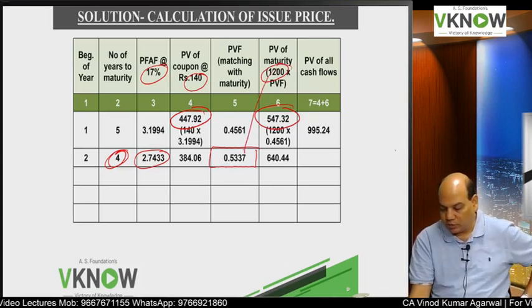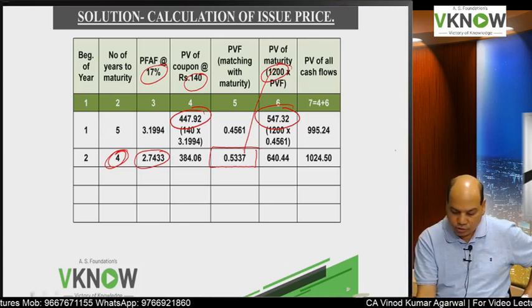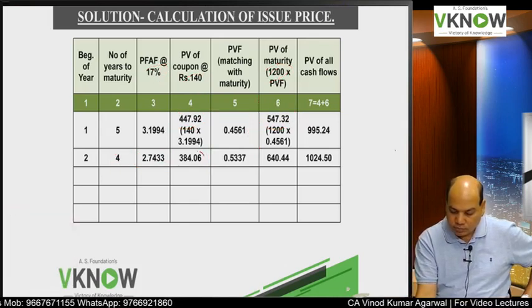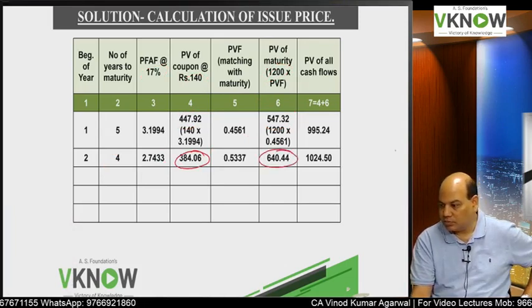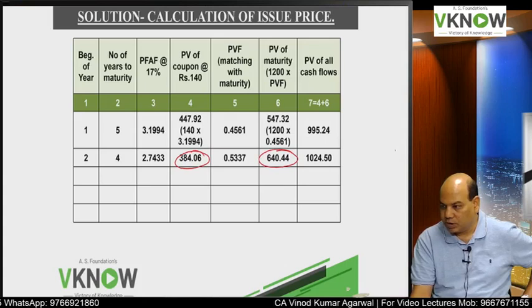Multiply by 1200. 640.44. Then you add the PV of coupon and the PV of redemption value. 1024.50, that is right.